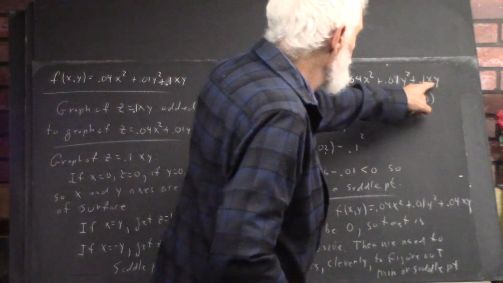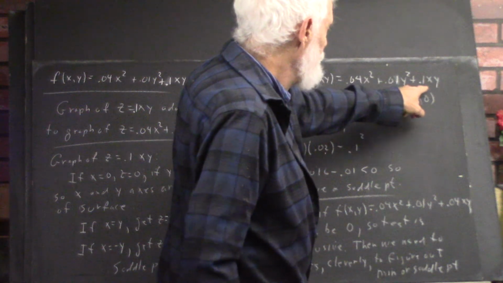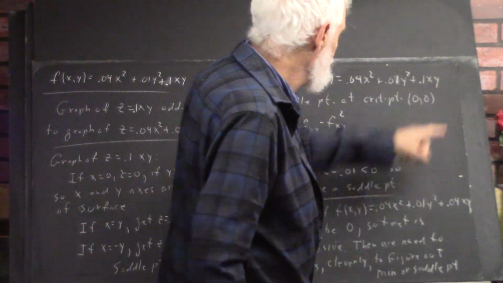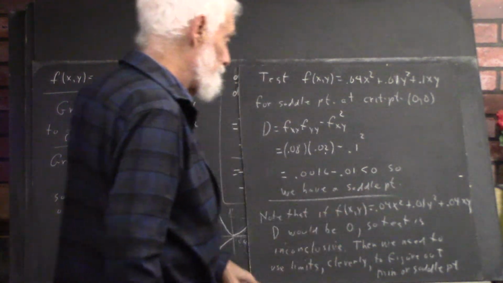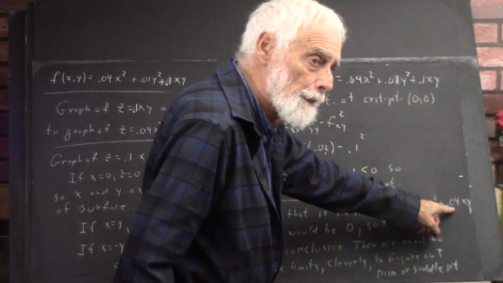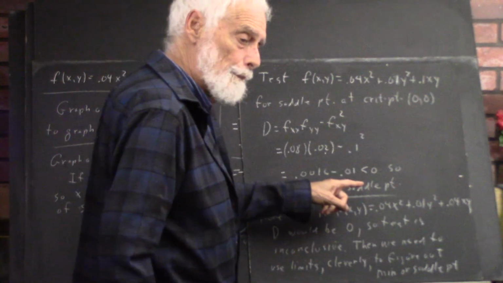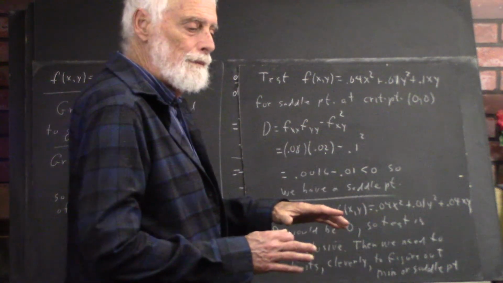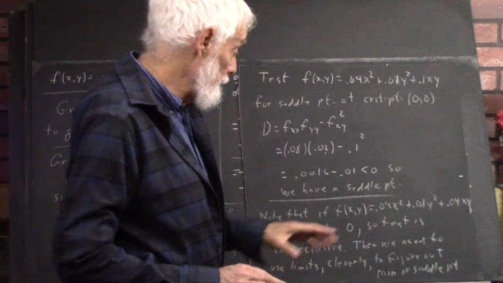But if this function has too big of a coefficient, that doesn't work. Okay, if the coefficient's 0.1, you see that we get a saddle point. If the coefficient is a little smaller, 0.04, and you work it out, you're going to get 0, and you don't know if you have a minimum at that point or not until you do some other tests.